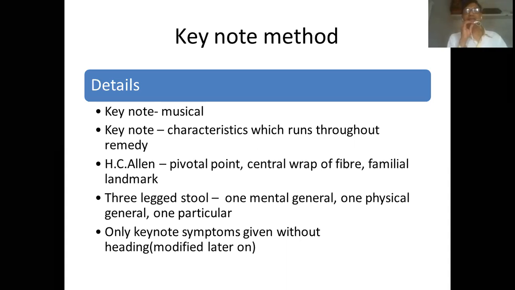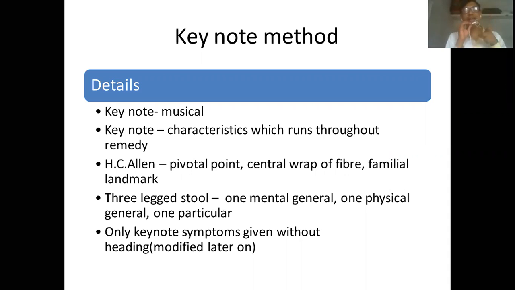In Arnica montana, this sore, lame, bruised feeling all over the body, as if beaten, is a pivotal point. It runs throughout the remedy. Around this central wrap, all other symptoms of various parts will be revolving. That means in addition to this sensation, the other symptoms will be there.